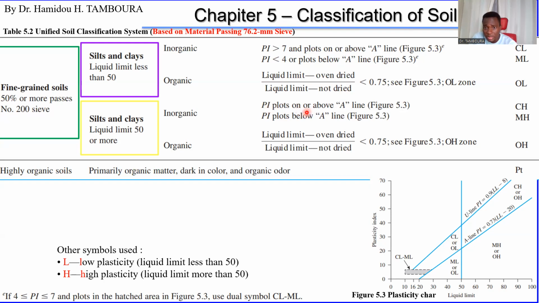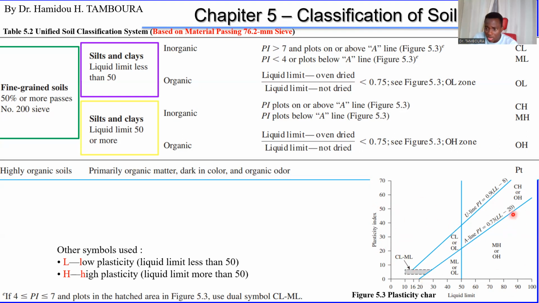If the plasticity index plots on or above the line A, this line A. Please remember that we don't consider this zone anymore.